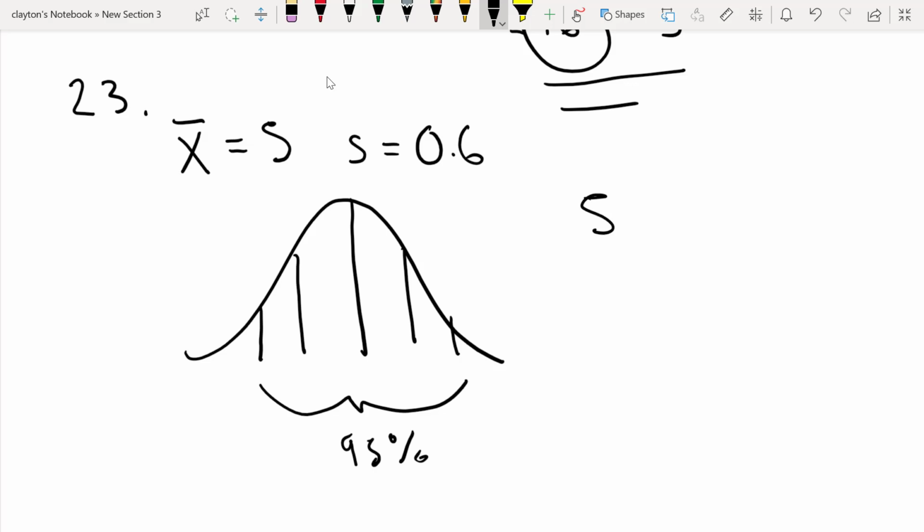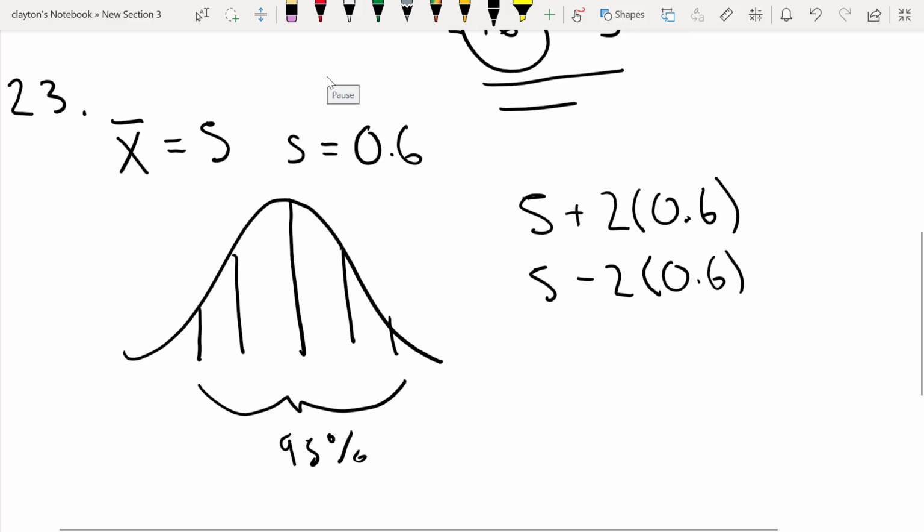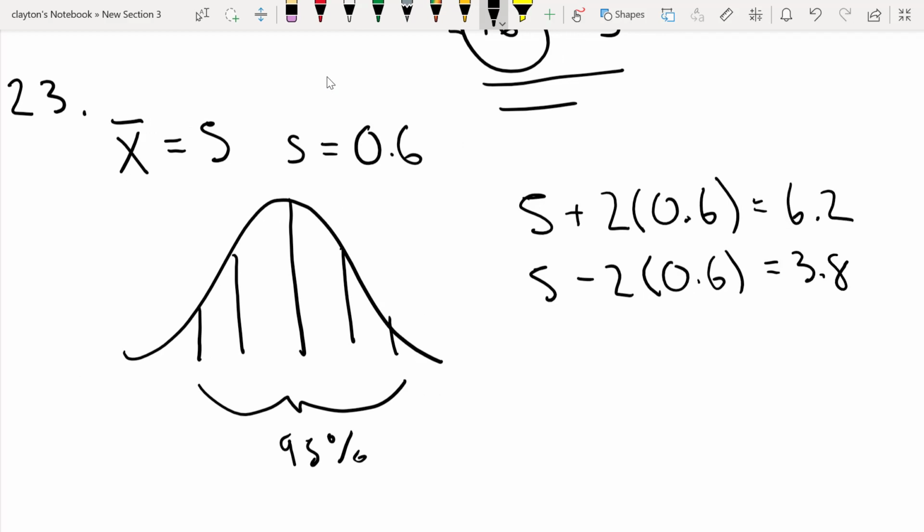So in this case, I need to take 5 and add 2 standard deviations. That will give me my upper bound. And I also need to take 5 and minus 2 standard deviations. That will get me my lower bound. So my upper bound here is 6.2. My lower bound is 3.8.